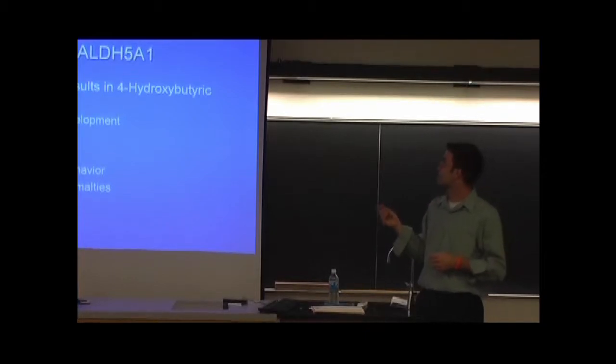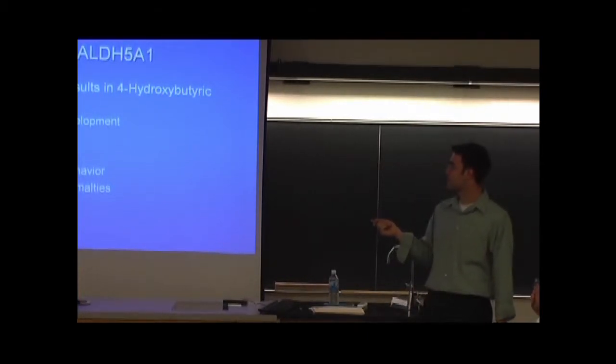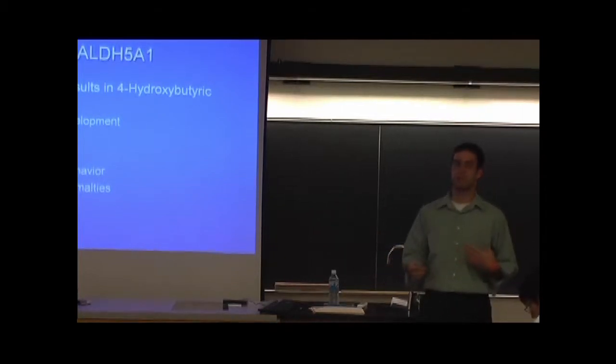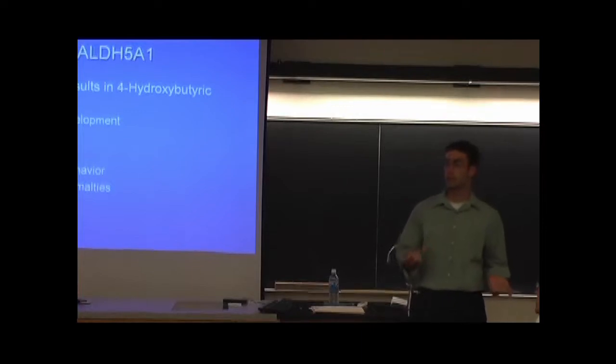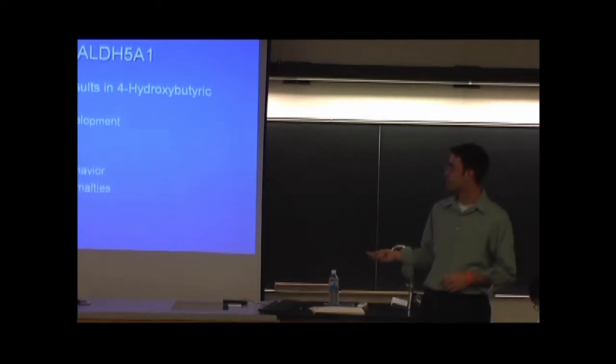Again, deficiency in this ALDH5A1 results in 4-hydroxybutyric aciduria, characteristic of delayed development. People have hypotonia with the deficiency. Hypotonia just means a lack of muscle tone. Basically, they're going to be very weak. Myopathy with ragged red fibers.